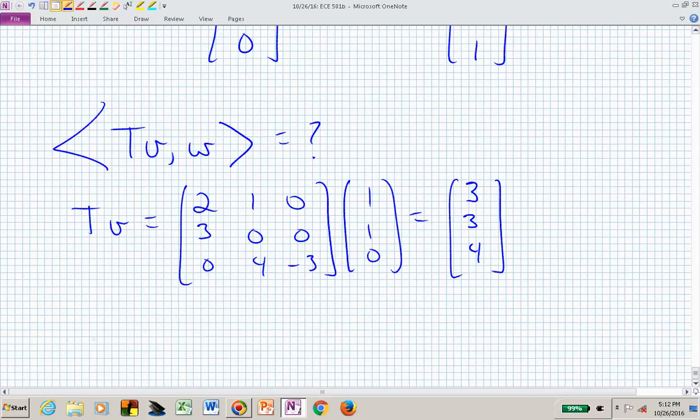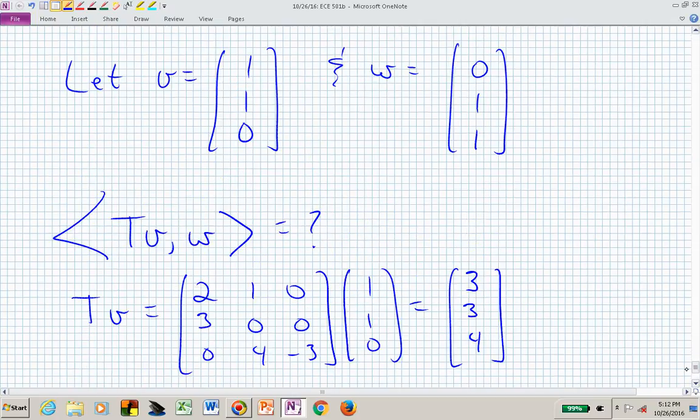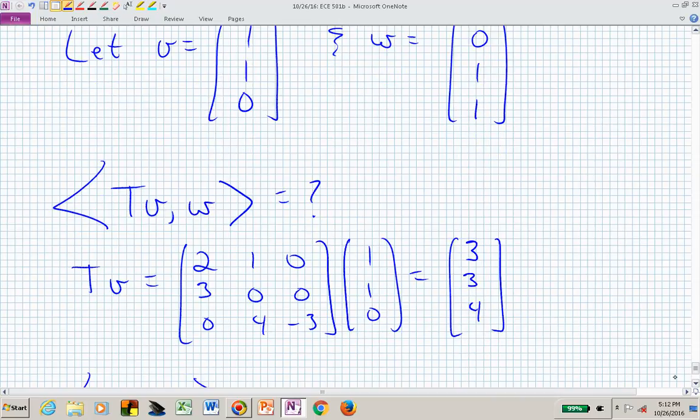And if I now take the inner product of that vector with W, and W was just 1s in the second and third entry, so I'm just going to scale the second and third entries of TV and add them together, and I'm scaling them with 1s.